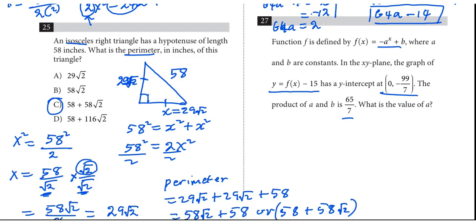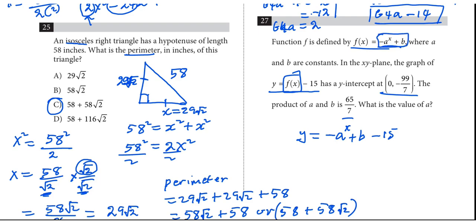All right, so now since f of x is this and y is equal to f of x minus 15, it means that y will be equal to negative a to the power of x plus b, minus 15, because negative a to the power of x plus b is f of x. So we simply replace this with this value.